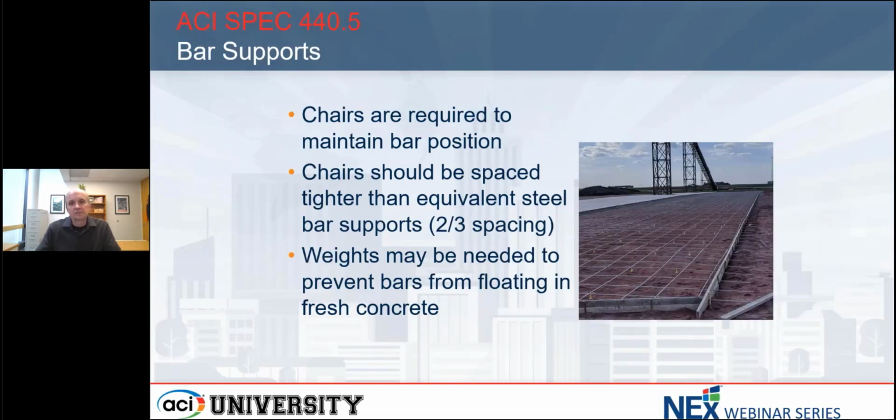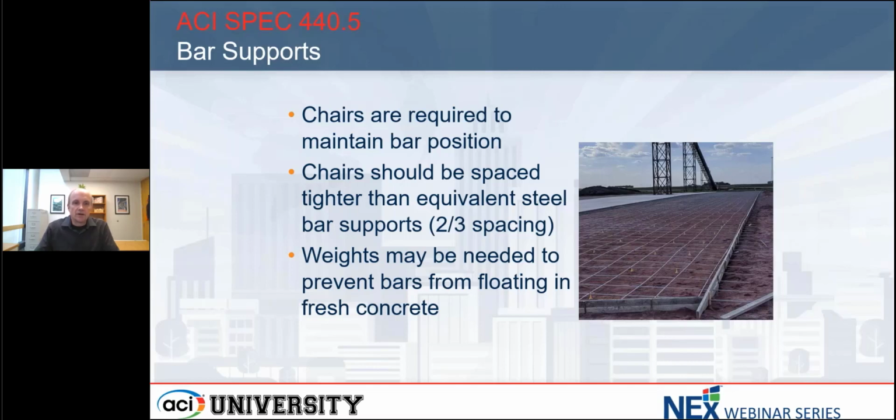There's also discussion of supporting the bars. The bars have to be supported by chairs. And because the bars are lower modulus than steel, you do need to use more chairs to support the bars. The spec indicates 2/3 of the spacing that you would usually use with a steel bar.